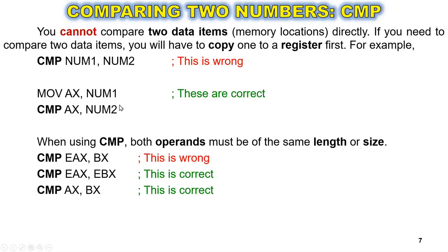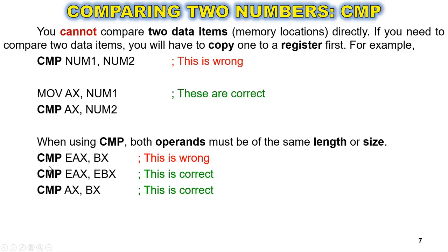It will generate a syntax error. The proper way is to copy the value of one memory variable to a register of the same size. For example, MOV AX, num1, followed by CMP AX with the memory variable num2. When using CMP, both operands must be of the same length or size.